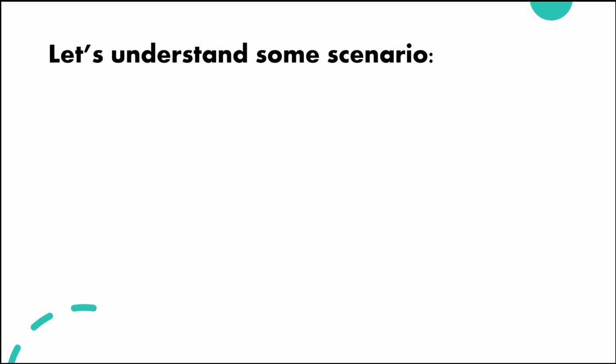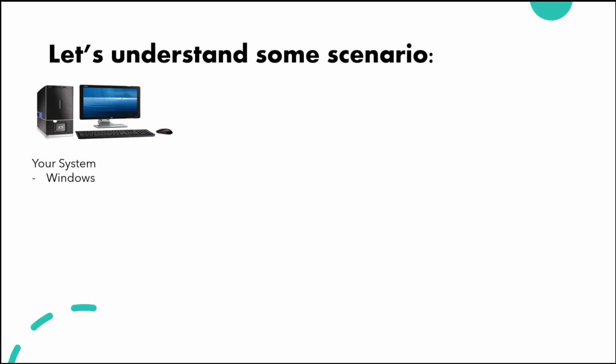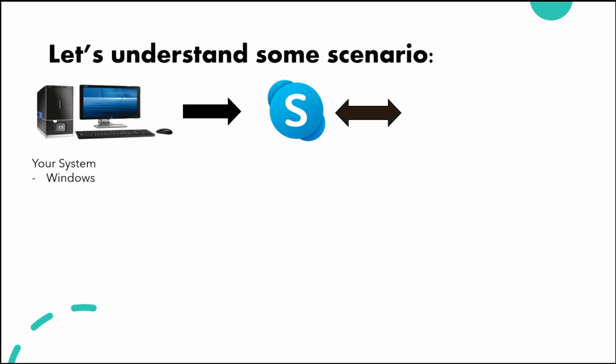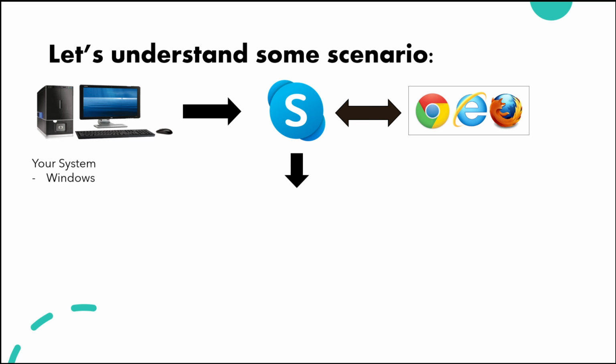Take an example scenario: you have a system with Windows, and in your Windows you want to install an application software called Skype. For understanding purposes, I'm using Skype here. To download Skype, you go to your favorite browser and choose the download button.